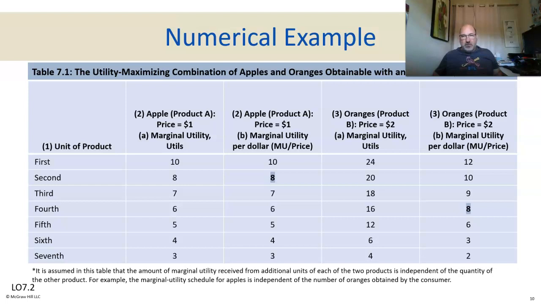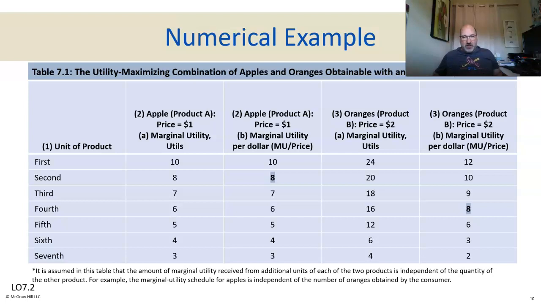A key thing to remember here, and don't do this in real life, but in an economics class, you are not maximizing whatever, in this case utility, unless you spend every single dollar they give you. So that's $5. The second one, 8 and 8, that's $2 for apples and $8 for oranges. 2 plus 8 is 10.